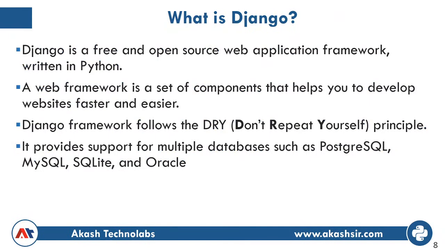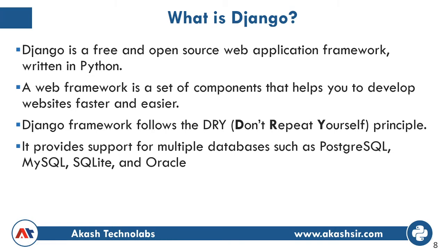So Django is a free and open source web application framework written in Python that you know very well. And a web framework is a set of components that help you to develop a website faster and easier. Means we can say with the help of Django framework, we can create a website in a faster way, right? How? We will see in the next slide.